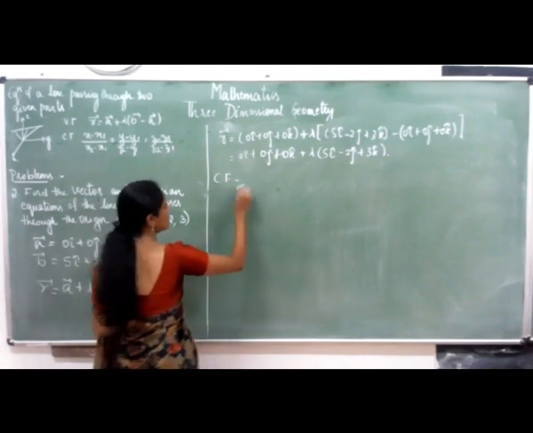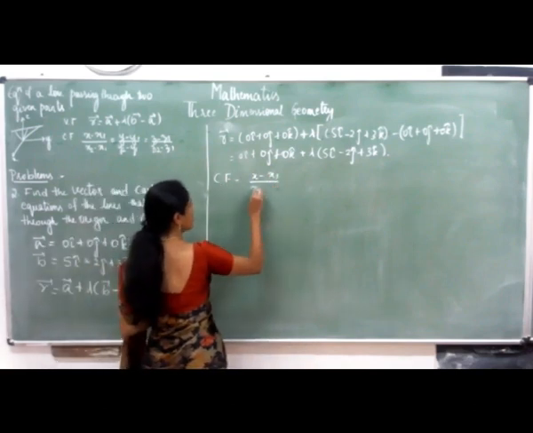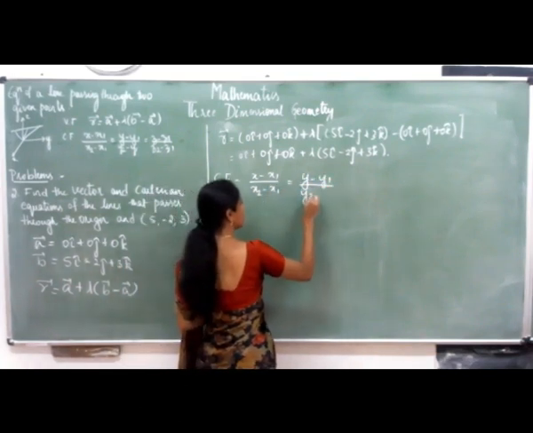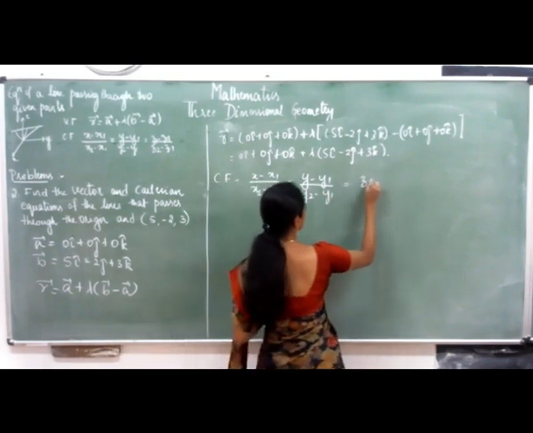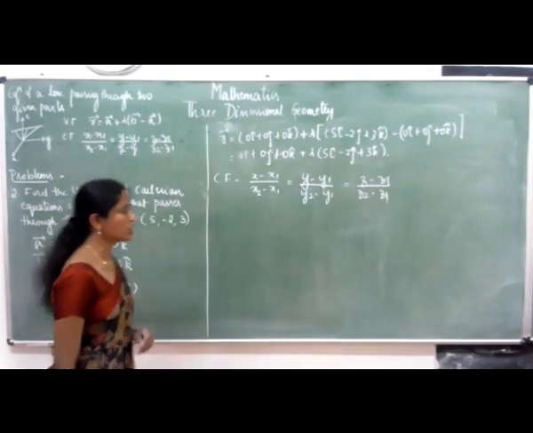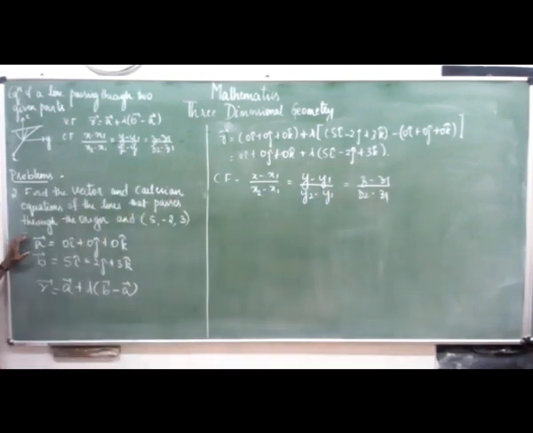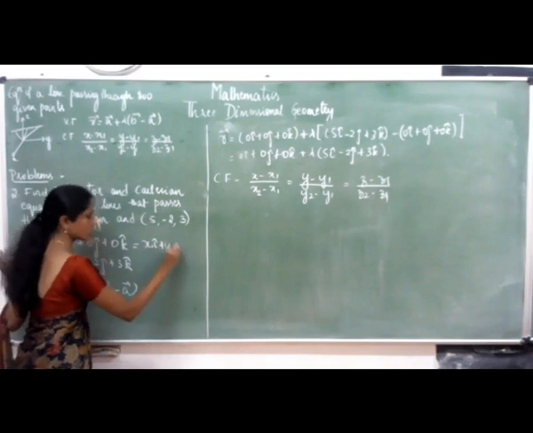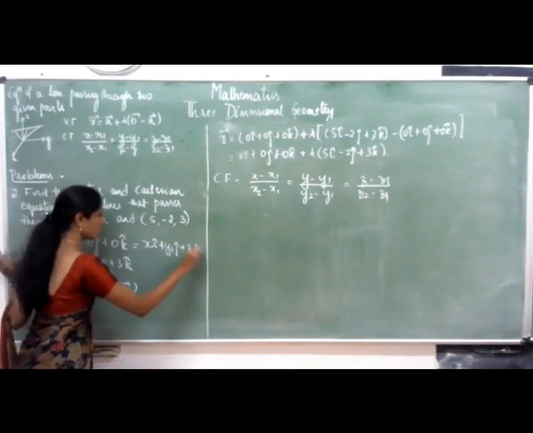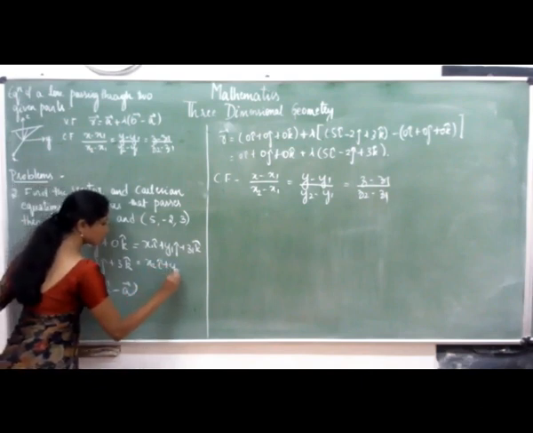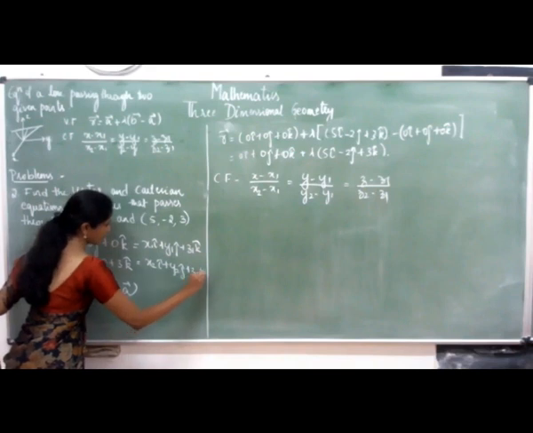Cartesian form is given by (x minus x1) by (x2 minus x1), which is equal to (y minus y1) by (y2 minus y1), which is equal to (z minus z1) by (z2 minus z1). So when I have written vector A and vector B, what is its general form? Vector A is given by x1 i cap plus y1 j cap plus z1 k cap, and vector B is given by x2 i cap plus y2 j cap plus z2 k cap.